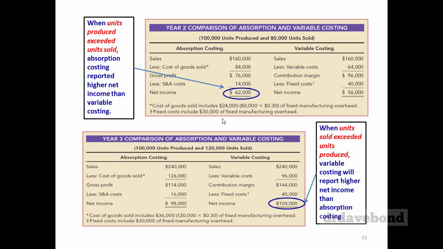The differences turn up because what you produce and what you sell are different numbers. Now the whole reason these things end up becoming different is because of how fixed overheads get treated.